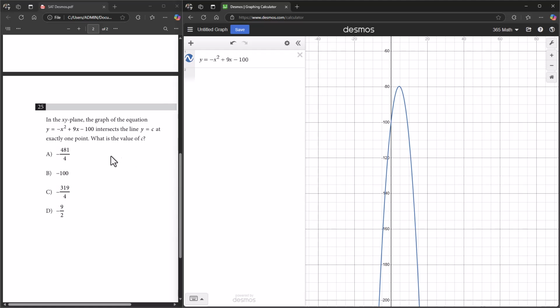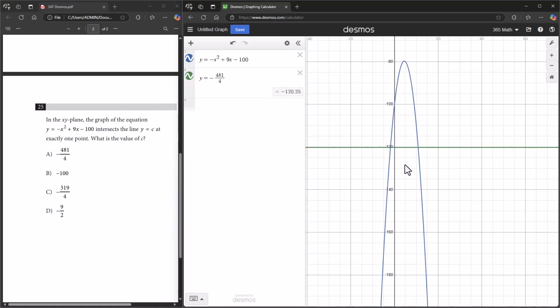So what we're going to do is plug in these values and try to see whether we get exactly one point. So we'll start with A and we'll say y is equal to negative 481 over 4. Okay, we look at our graph, we look at the points of intersection.